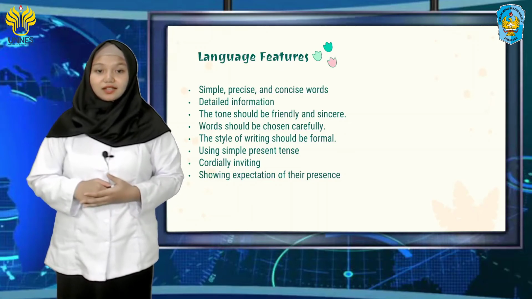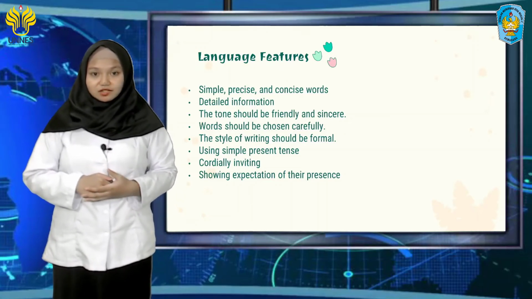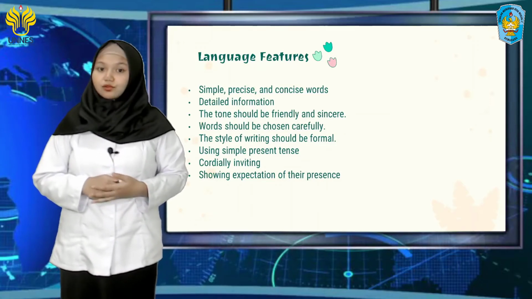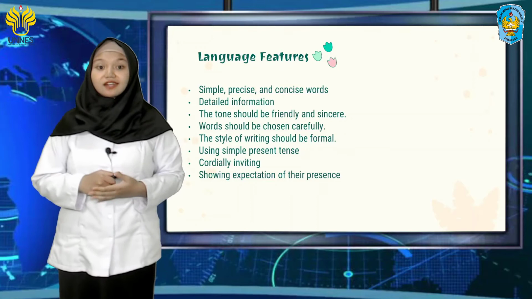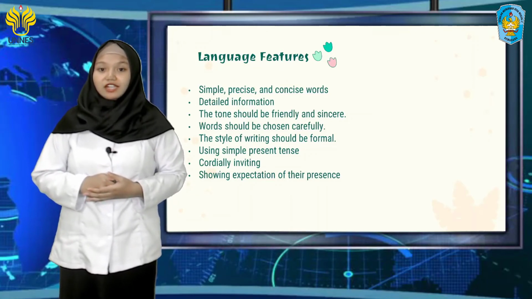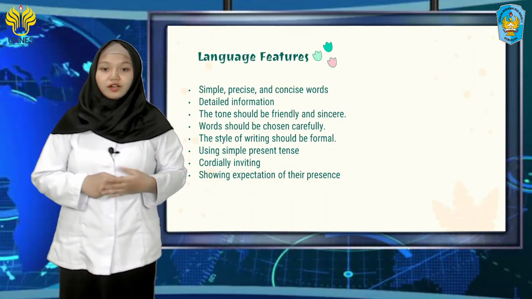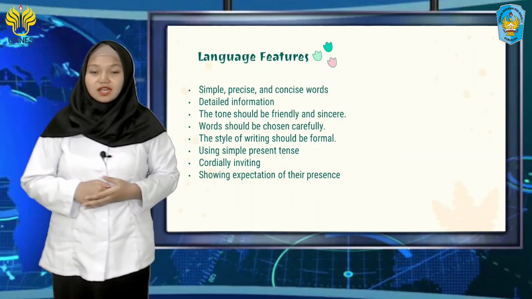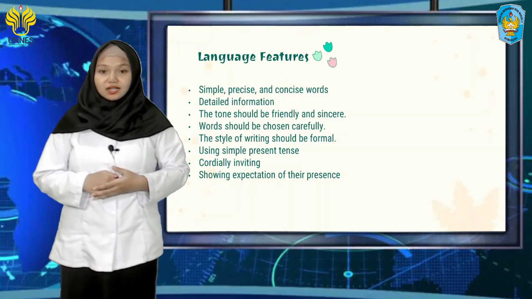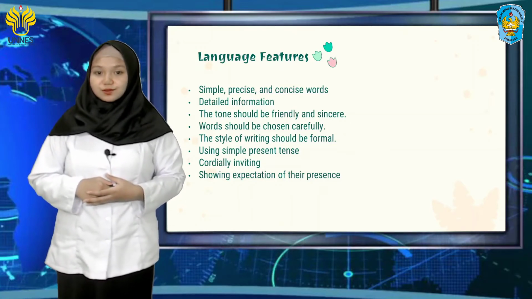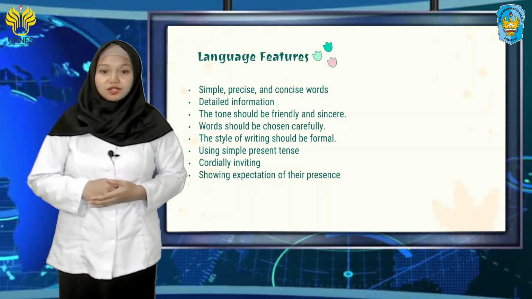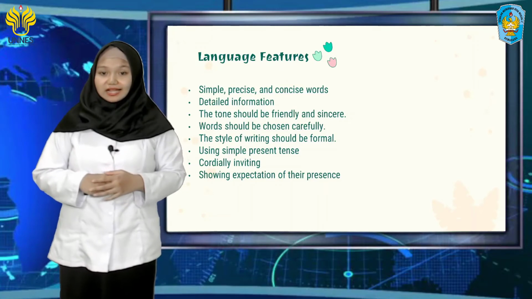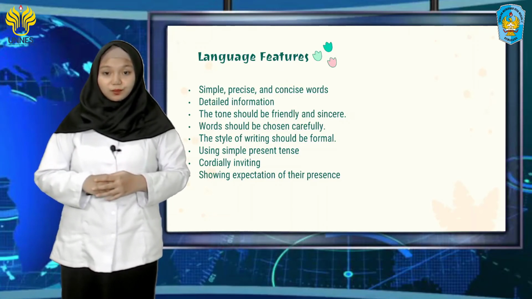And then detailed information, for example, the dress code, formal dress code, red dress, blue dress, or even casual, and so on. The tone should be friendly and sincere. So the nuance of the invitation itself should be friendly and also sincere. Words should be chosen carefully. So the sentences must be chosen very carefully so as not to offend any party.